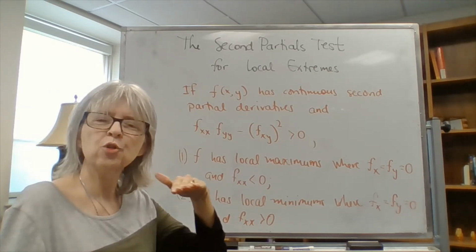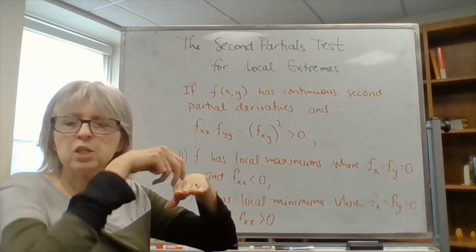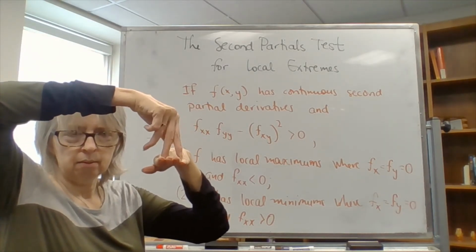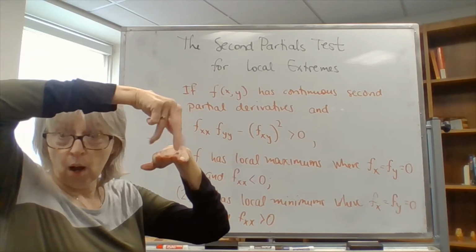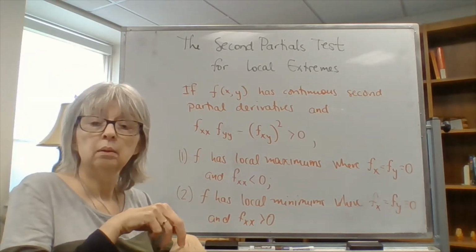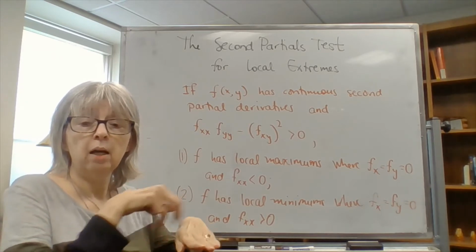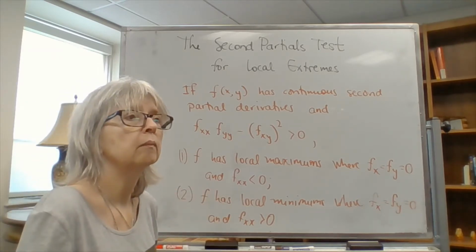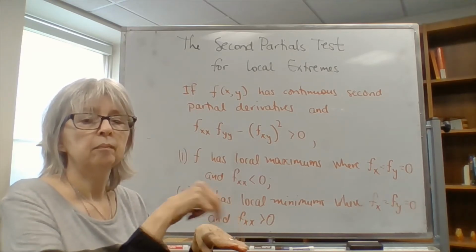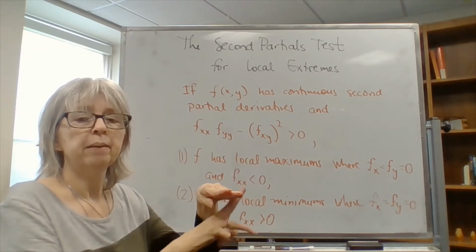Now, where do those critical points come from? Well, it's as I was trying to describe. Places where if I walk in any direction, I either go up all the time or I go down every time. Local maximum, local minimum.